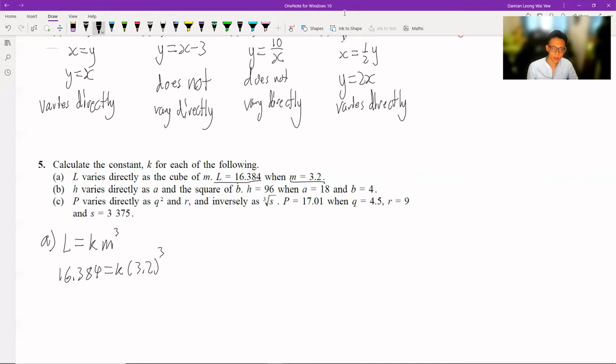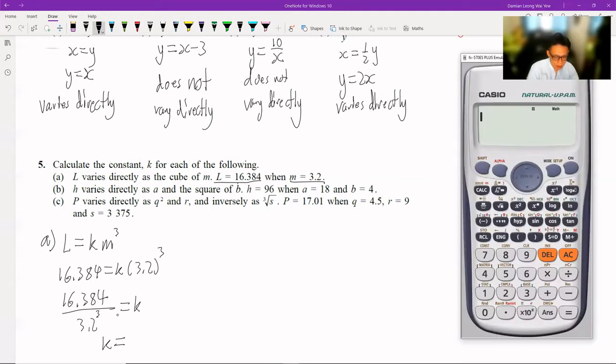I just want k. So this one times opposite divide. So bring over, becomes 16.384 divided by 3.2 cube equals to k. So k would be, use your calculator, 16.384 divided by bracket 3.2 cube.